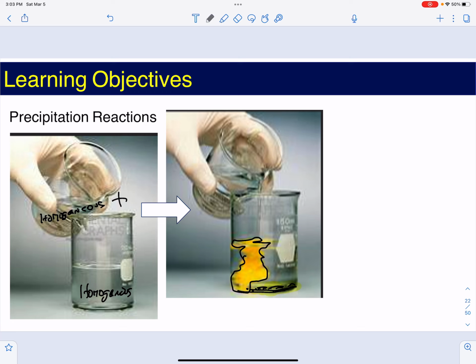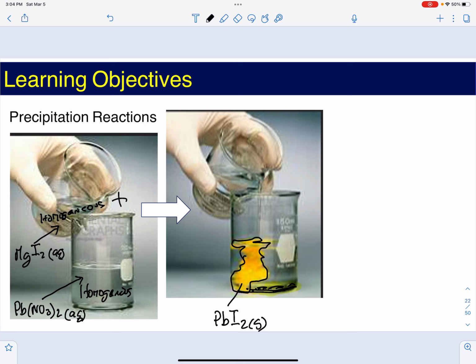So how are we going to interpret this? I can tell you from experience, based on the way the product looks, that we are making lead(II) iodide, which is going to be insoluble. And to do that, we're using lead(II) nitrate, which is an aqueous solution, homogeneous, and probably magnesium iodide, which is another aqueous solution.